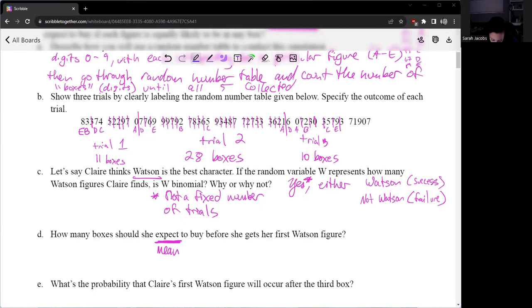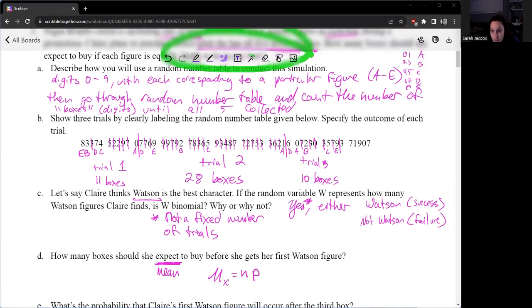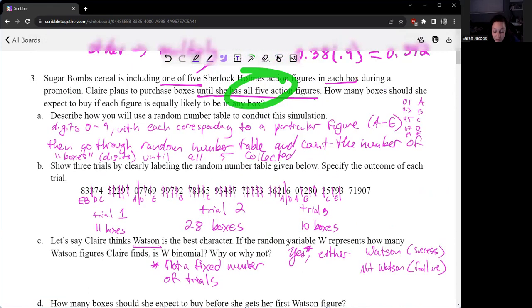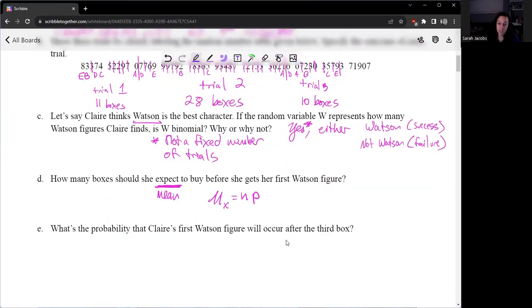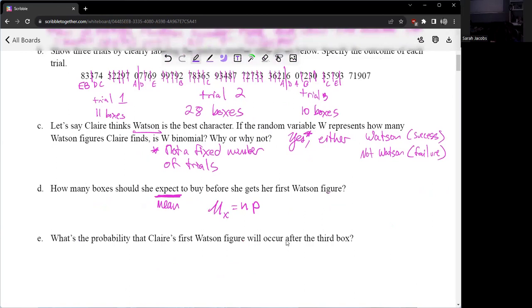So the mean of a binomial situation, this one, of course, is just that the mean of X is equal to the number times the probability. So there's 5 action figures. That's what I was circling up here. So there's 5 action figures. And they're equally distributed.